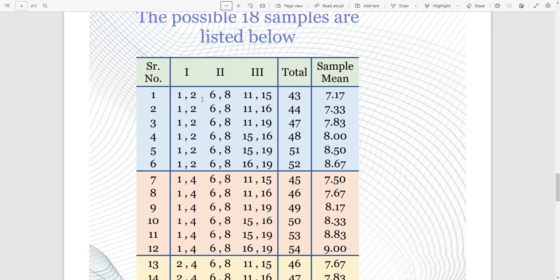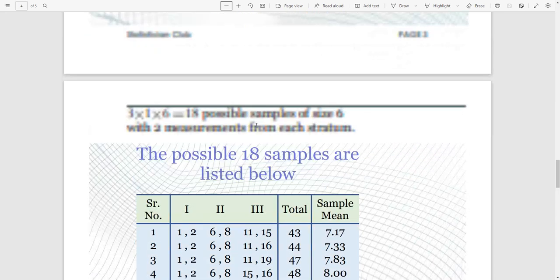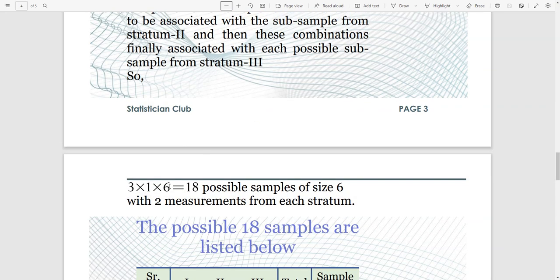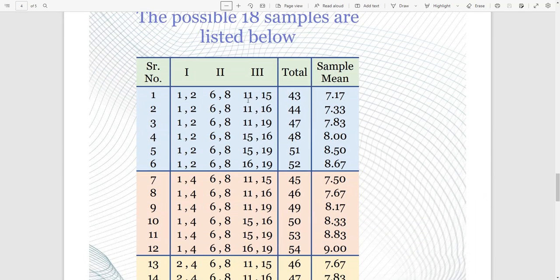So 1 2 combines with 6 8 and then with each stratum 3 sample. The population of stratum 3 is 11, 15, 16 and 19, so we generate 6 samples: 11 15, 11 16, 11 19, then 15 16, 15 19, and finally the two left elements 16 and 19.